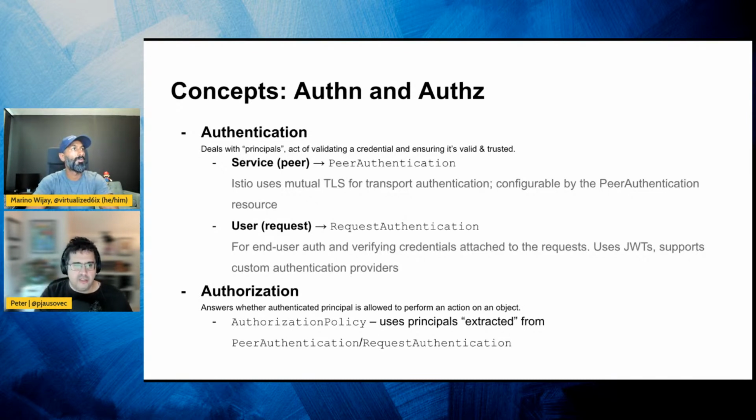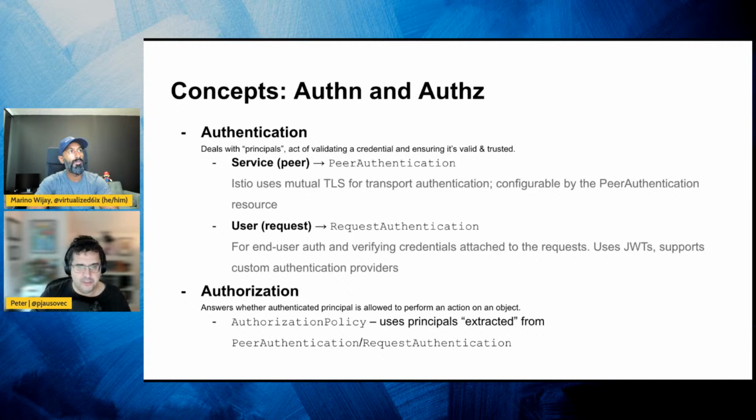So whenever you hear or see peer authentication, or someone talking about service to service authentication, you know this is two peers. It's not users, it's services. As I mentioned, Istio uses mutual TLS, and this can be configured by the peer authentication resource: the permissive mode, the strict mode, disabling mutual TLS if you wish.